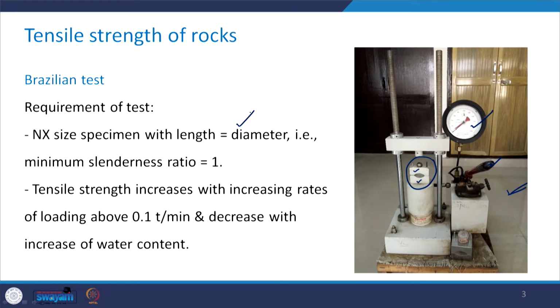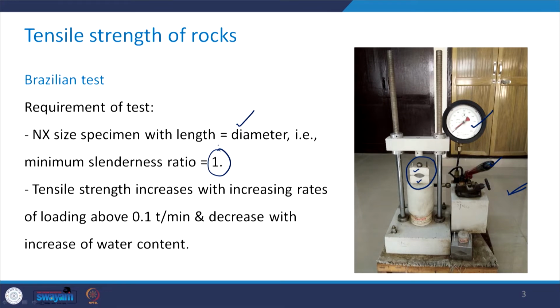Now, before I take you to those expressions, first let us understand what the various requirements of the test are. So, preferably we go for NX size specimen with length to diameter ratio equal to 1. That is, the minimum slenderness ratio that we take is 1.